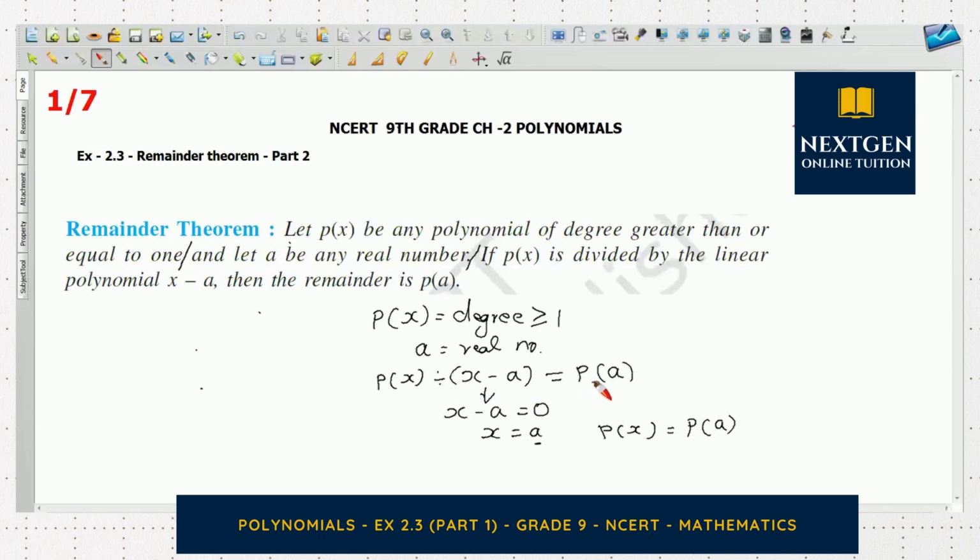my remainder will be p of a, which means I have to set x minus a to 0, which gives me the x value. The x value is a, so p of x can be substituted as p of a. All the x values can be replaced with the a value given in the divisor polynomial. Let's get into the problem so that you will have a clear idea about it.